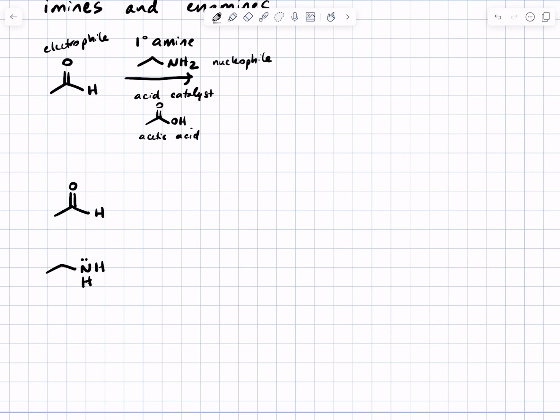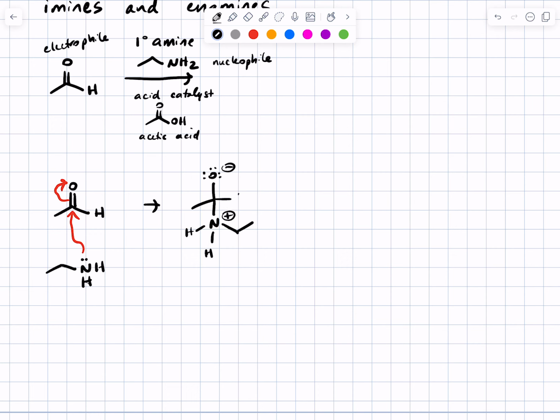Lone pair electrons on the nitrogen attack the carbonyl carbon. I believe your text shows the formation of a tetrahedral intermediate with a negatively charged oxygen, and then a new bond between nitrogen and carbon, and a positive charge on the nitrogen.